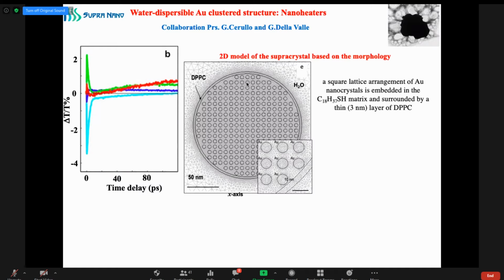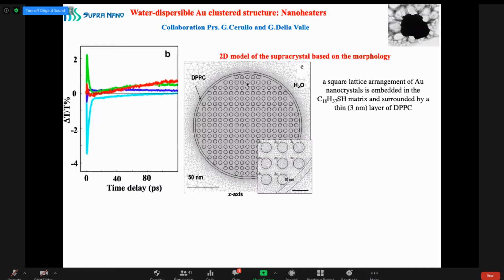And they found out that at 400 nanometers, when it is at the plasmon resonance, we have a very high penetration of light, which is larger than what we observe in bulk.